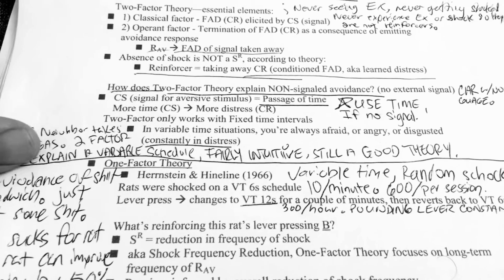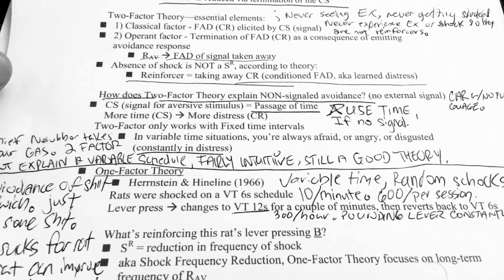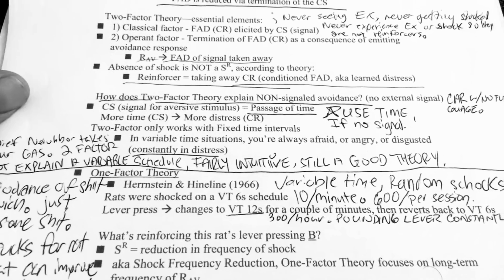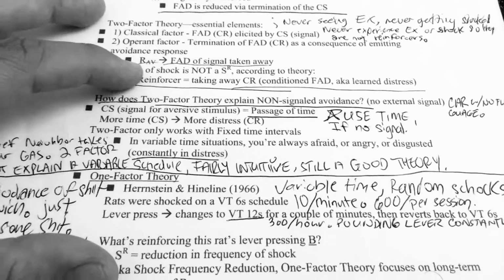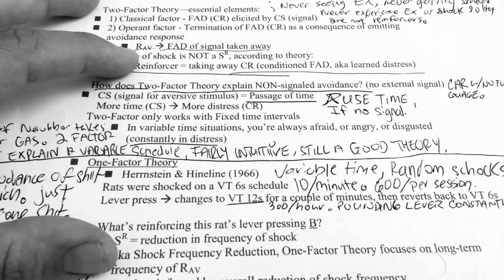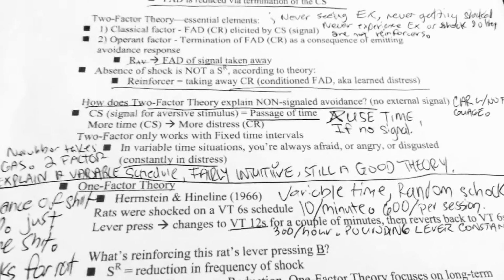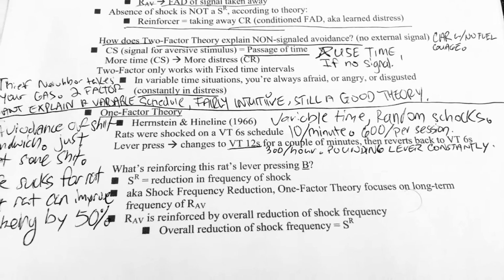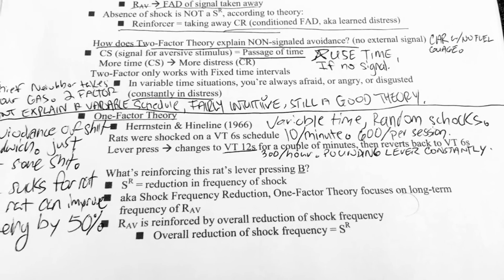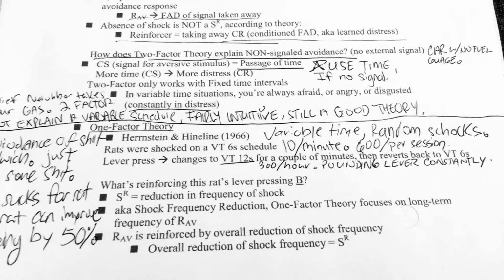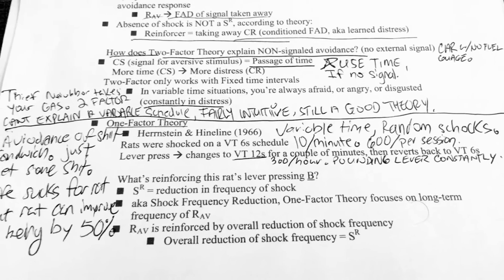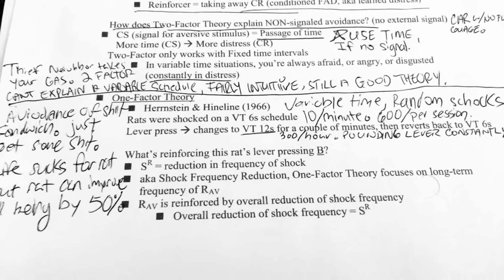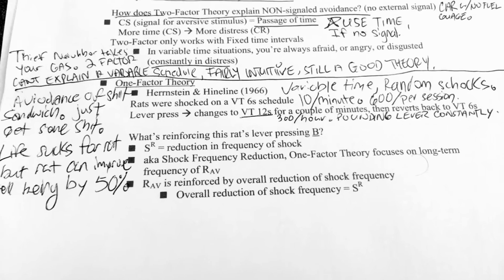Maybe someone's siphoning your gas in the morning, and they take a little bit of fuel, and then a week later they take a lot of fuel. It gets complicated from there. However, two-factor theory is fairly intuitive. It's still a good theory. However, it's not able to deal with variables that go beyond that simplicity.